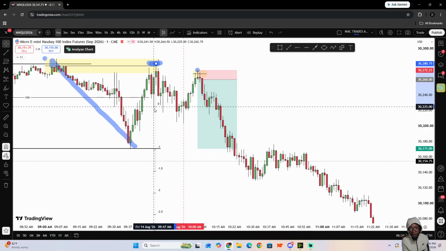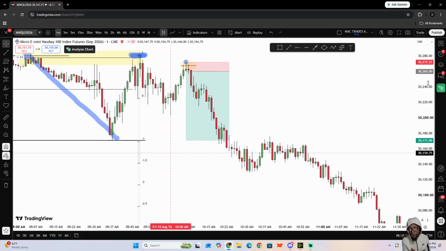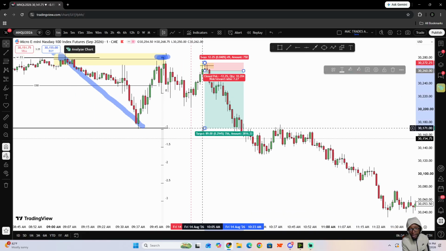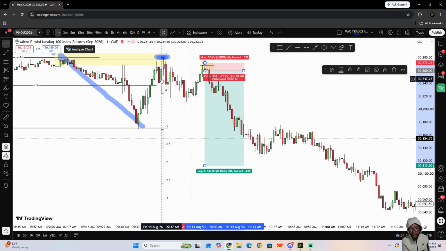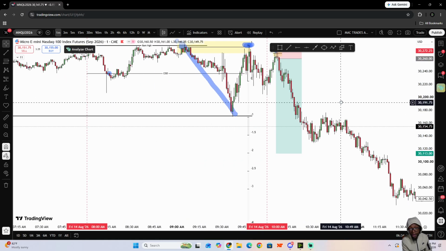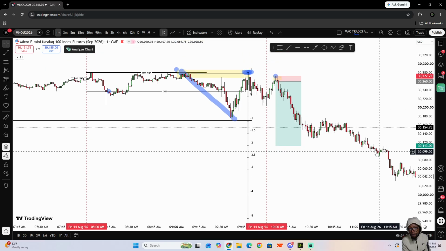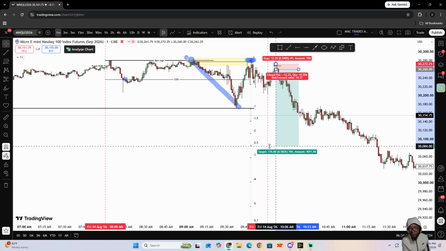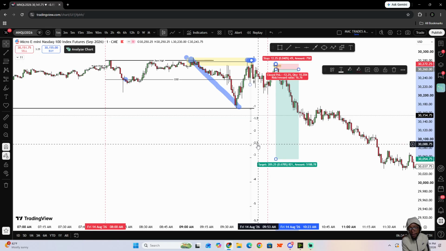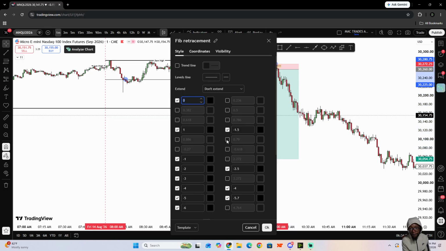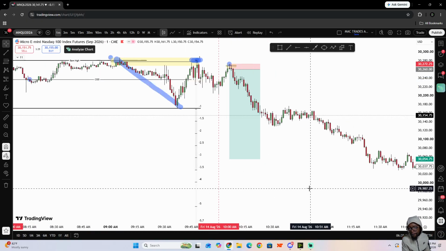If you didn't know where to target, I normally would target at least a 2 standard deviation level, and all of these levels, I trust them, so you can see how it held off of all of these levels. Let's say we got to a 3.5, right? So I'm going to just put a 3.5 on.